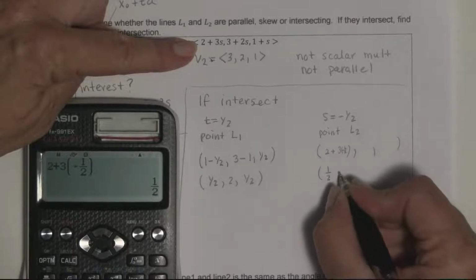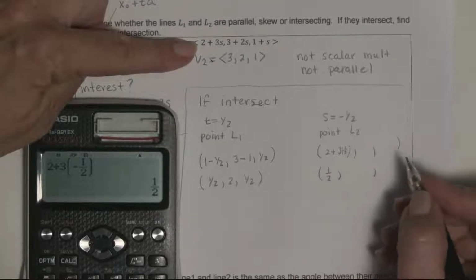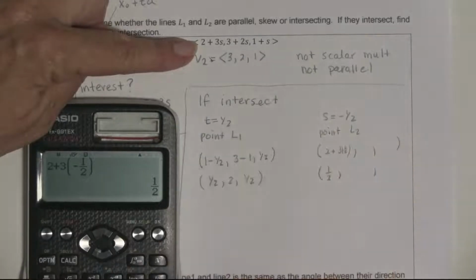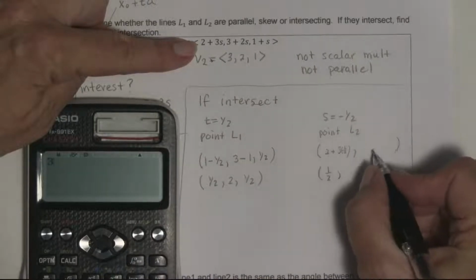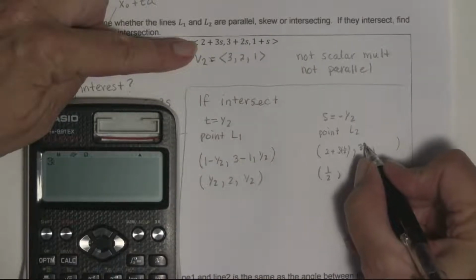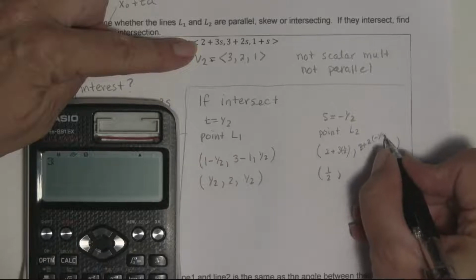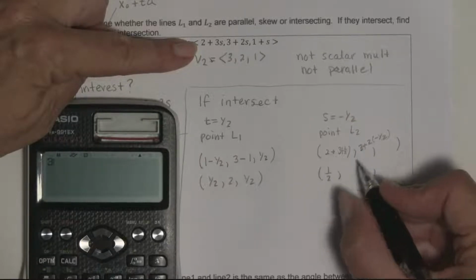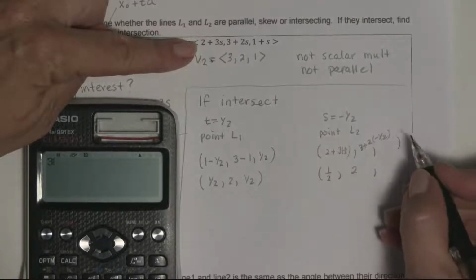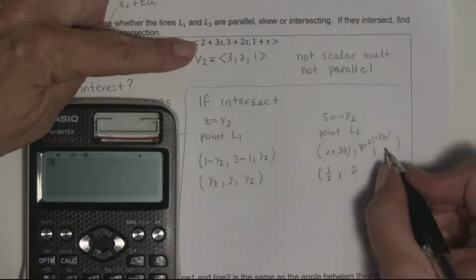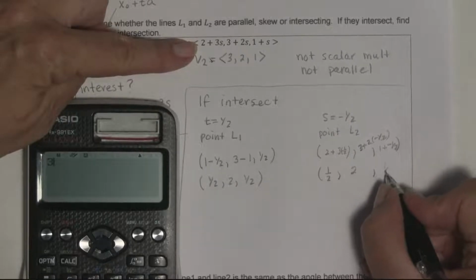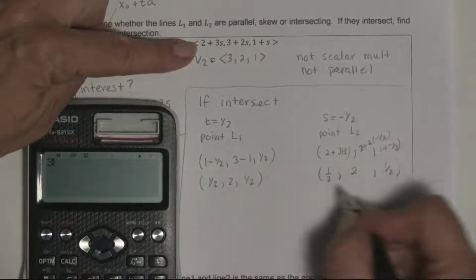And I'm like, okay, I knew that was supposed to work, right? And then I'm going to put in negative half into the middle. So 3 plus 2 times negative half. That's negative 1. And so this is 2. And then I'm going to put it in the last one, 1 plus negative half, which is half. And you can see that they're the same.